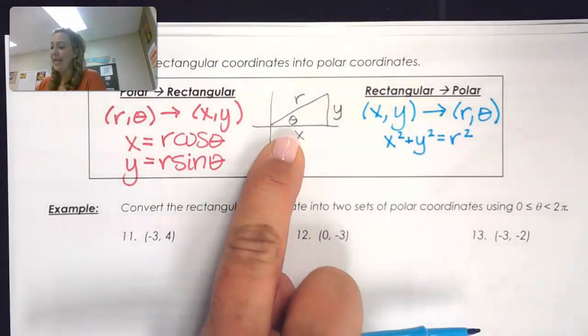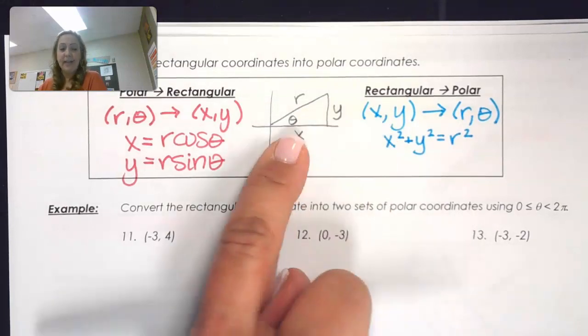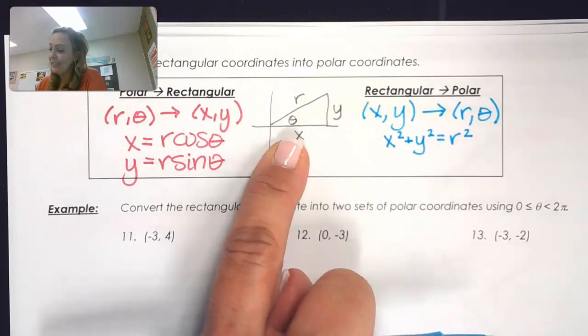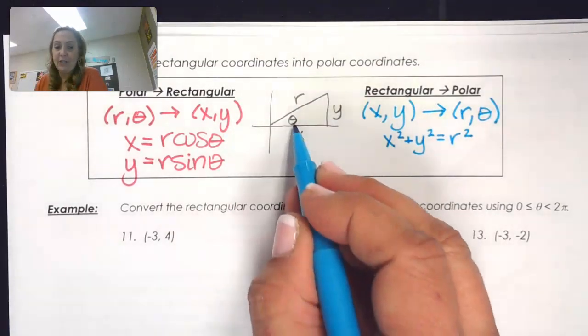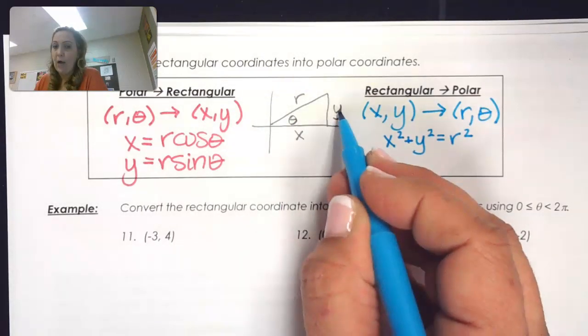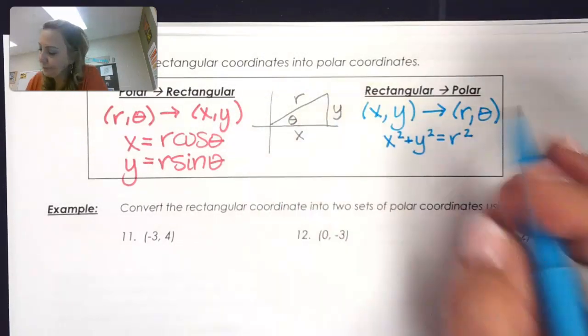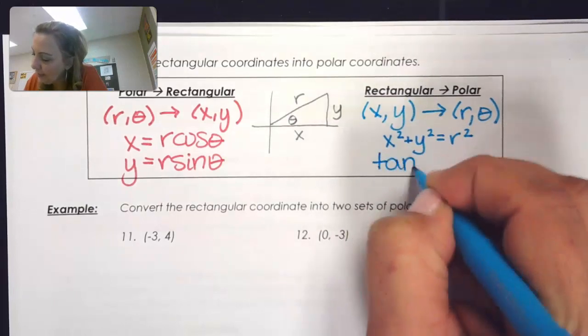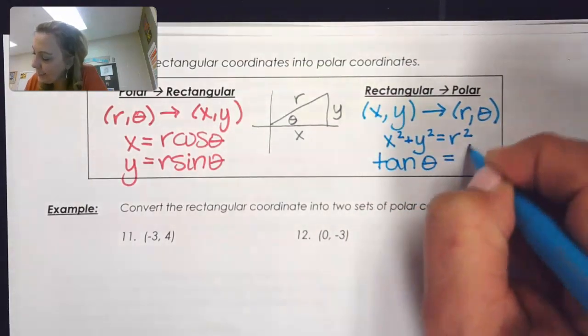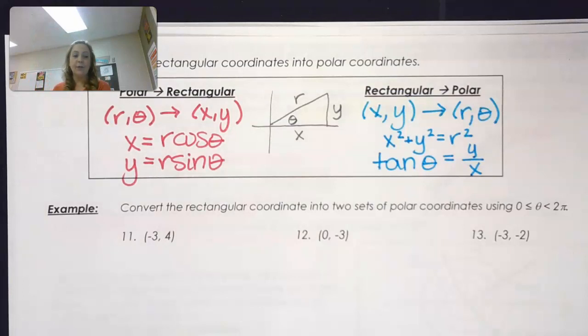Now, how could we use x and y to help us find theta? Do you guys see that the tangent of theta is y over x? So that's the other thing that we're going to use: the tangent of theta is going to be y over x.